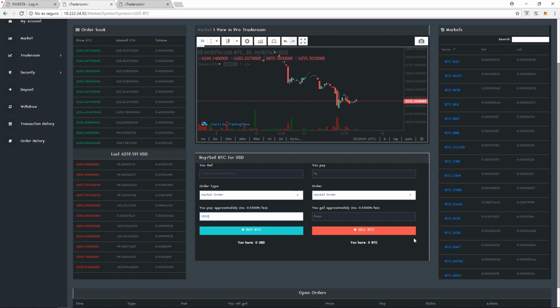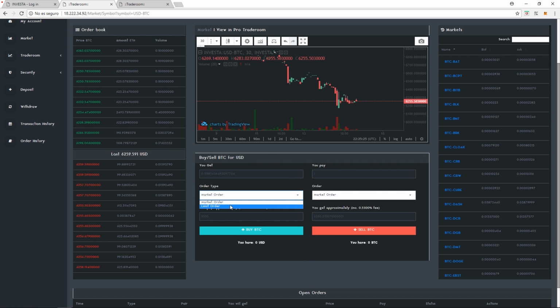The same goes for this side of the panel. Assuming that you have 1 BTC and you execute a market order and you click sell, you'll get $6,250 in your wallet. That's a simple market order.